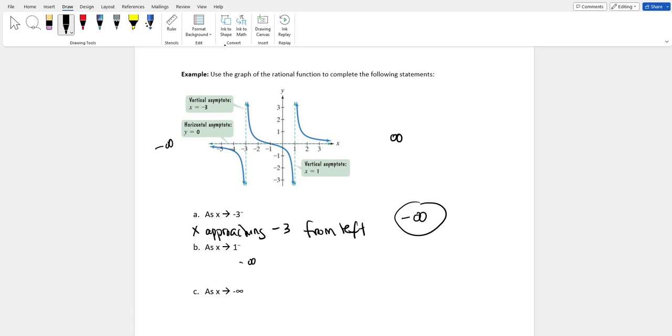This graph is going to keep going and going, and eventually it's getting closer and closer to the x-axis. The x-axis is the same as y equal to 0. So it's approaching 0. Basically what you're looking for is what's happening to y as you approach x from a certain value. So in this case y is equal to 0 because we're approaching the x-axis.